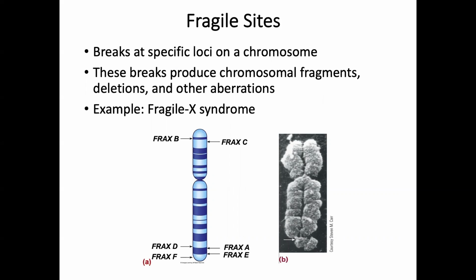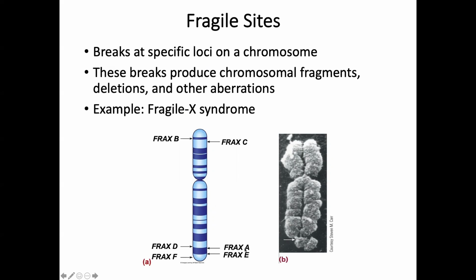We're getting to the molecular details in the future. Fragile sites are often susceptible to spontaneous breakage during replication, frequently affecting neighboring genes. This figure A shows the fragile sites on the human X chromosome. Okay, sites B, C, and D are common sites and are found in almost all copies of the X chromosome.